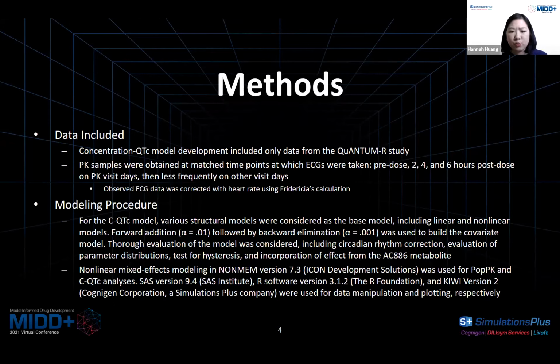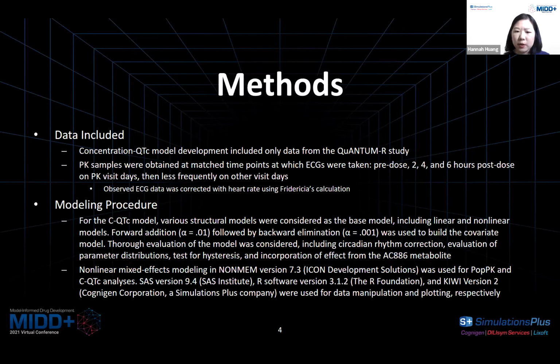To determine the structural model, various functional forms were evaluated, including a linear functional form, a linear model with separate slopes representing quizartinib and metabolite AC886 concentration separately, and then a maximum effect model, or Emax model, with separate Emax functions representing the effects of quizartinib and AC886.